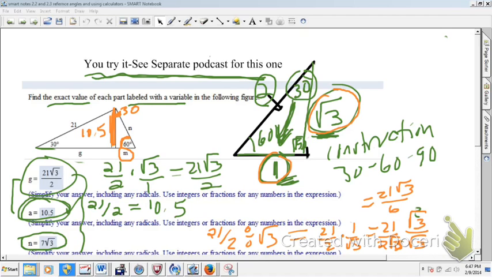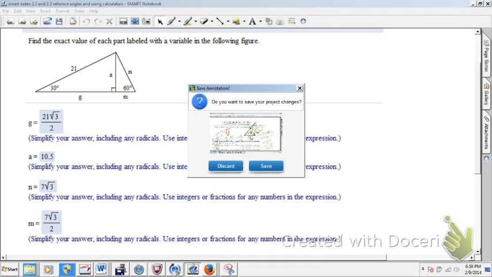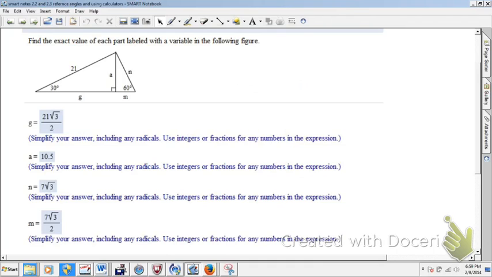But 21 root 3 over 6 reduces to 7 root 3 over 2. Notice you could do those in any order. So the 21 root 3 over 6 reduces down to 7 root 3 over 2, which I had targeted as this little m piece right here.